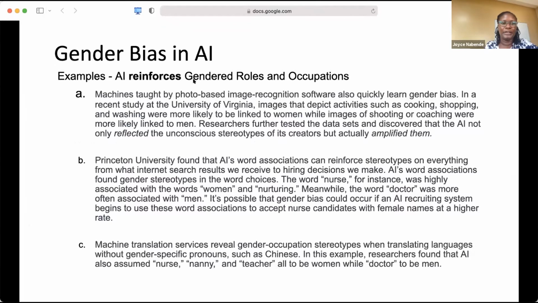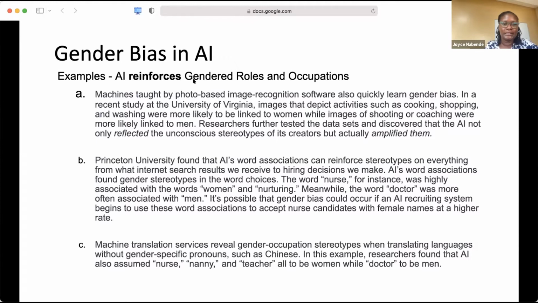So really what we want to show from this slide, and I hope that everyone appreciates, is that AI reinforces the gendered roles and occupations that already exist. So it just amplifies them. For example, machines that are taught by photo-based image recognition software also quickly learn gender bias.